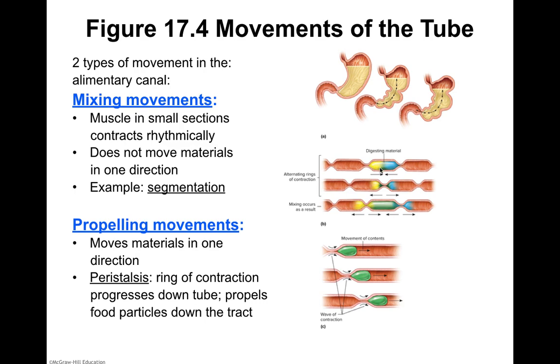With segmentation, we make a segment and mix materials between this side and this side, and then the next time it moves down a little bit on each end, and we get some more mixing. That mixing is the result of segmentation, and movement of materials in only one direction, forward from the mouth toward the anus, is peristalsis.